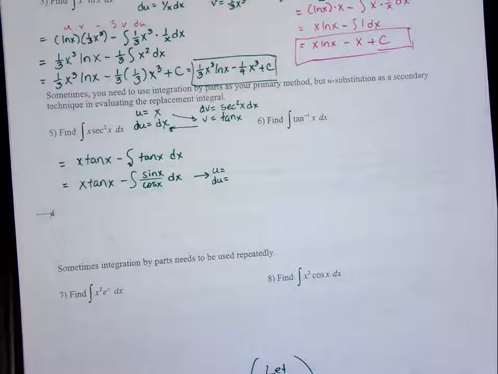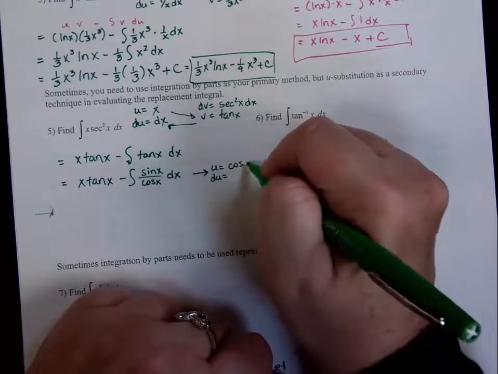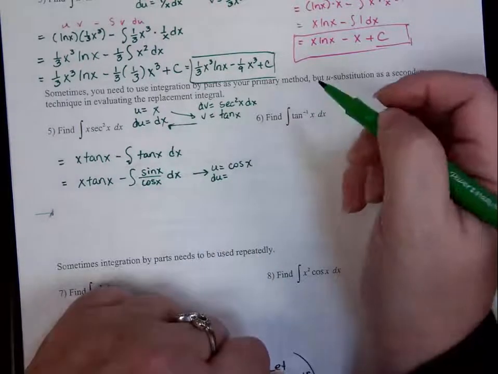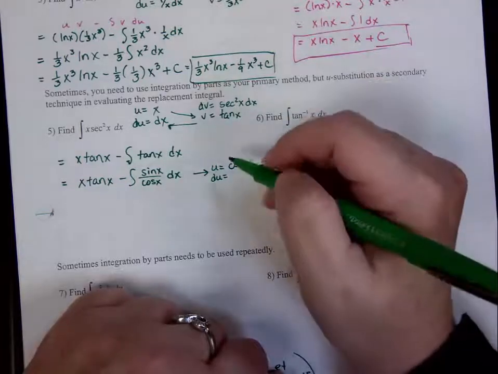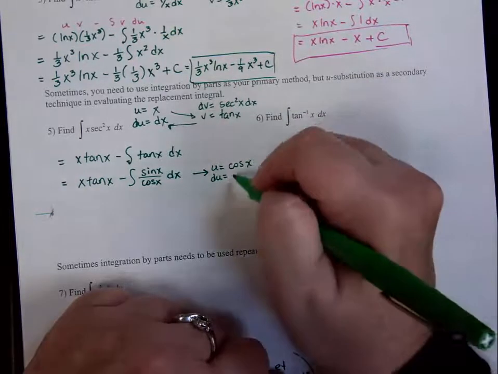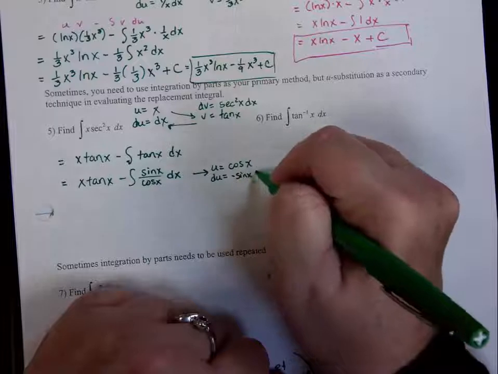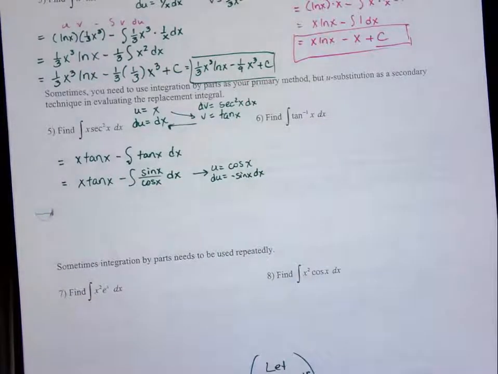Which one is u? Cosine. Cosine has to be u. Because why? It's on the bottom of the fraction. Very good. So what is du? Careful. Negative sine of x dx. And I have all of that except for the negative. So now I'm going to change colors.